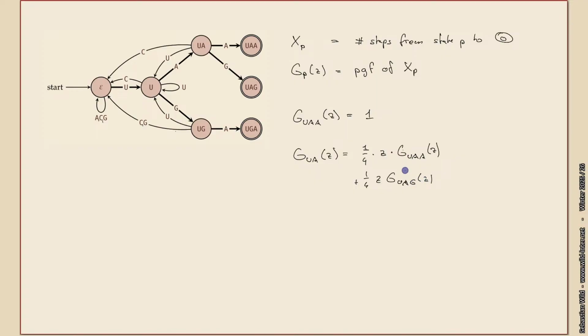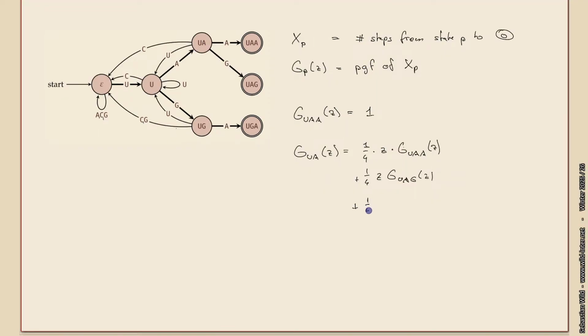Now I know it's silly, these are just one, I could have inserted them straight away. But here, this is showing the general pattern. If you go with a U back to this place, then you get the same pattern and just there's a GU now instead of this one. And the last term goes back to the start state.